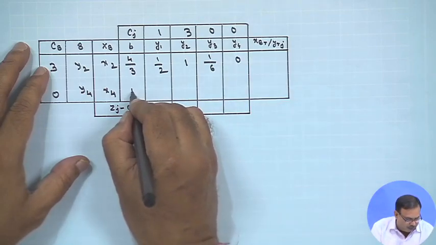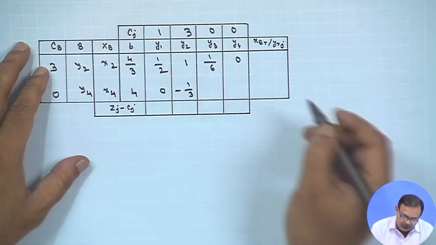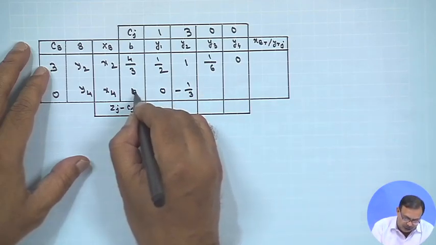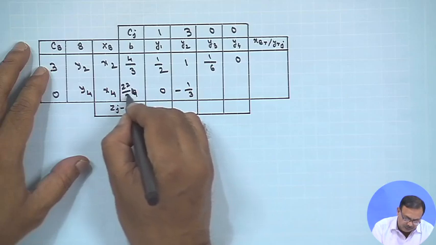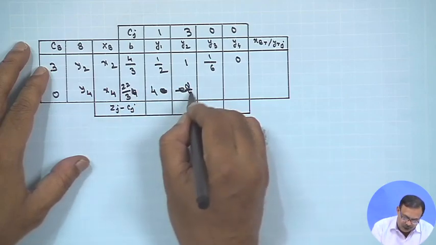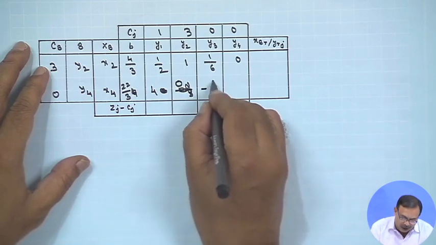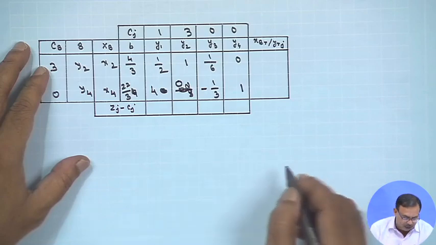Whereas this will be 22 by 3, 4, 0, minus 1/3, and this will be 1.